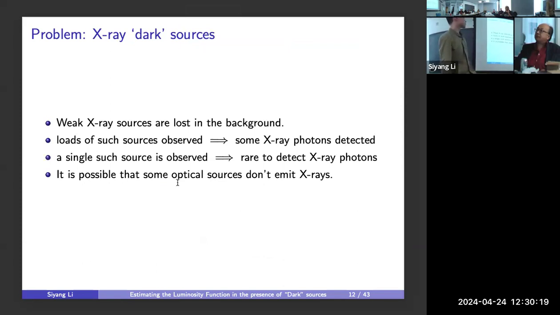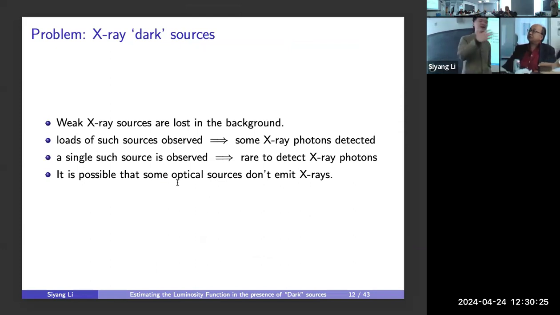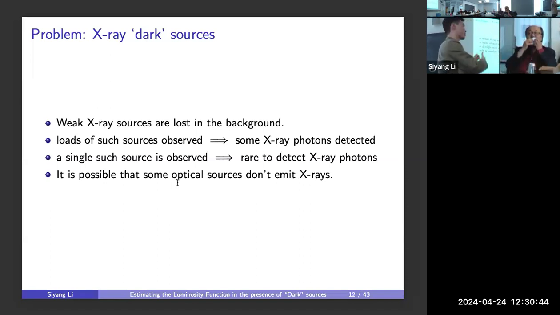And the next astrophysical problem is that there can be lots of X-ray sources that are dark, but we know that they are there. They are X-ray sources. For example, they can emit such a weak signal that it is lost in the background contamination, so we cannot distinguish it from the background. That's one way that we lose them.